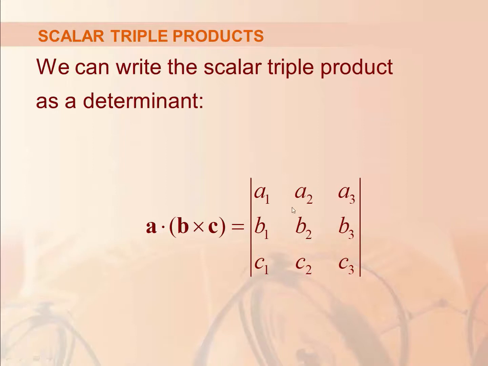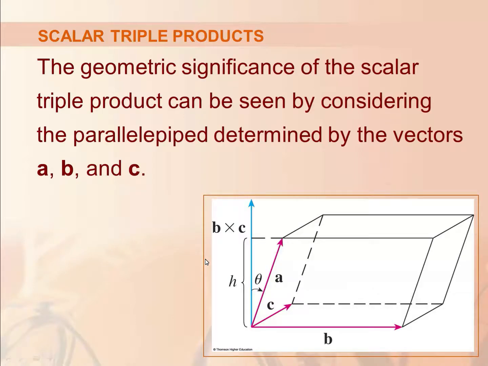Or we may write it in this diagram: we put A1 A2 A3, then the vector B and the vector C. Then we cross A1 A2 A3 with this: B2 C3 minus B3 C2, multiplied by A1, like before when we multiplied by I. Then we cross, put minus of course, the first row with the row of A2, or row of J: B1 C3 minus B3 C1, close bracket. Instead of J we put A2. So A1, A2 and A3 stand in place of I, J, K, but instead of the vectors I, J, K, which are numbers anyway, we put A1 A2 A3. Then we multiply and calculate.